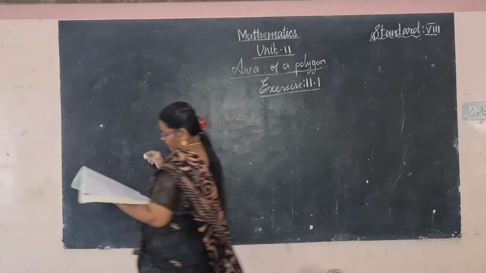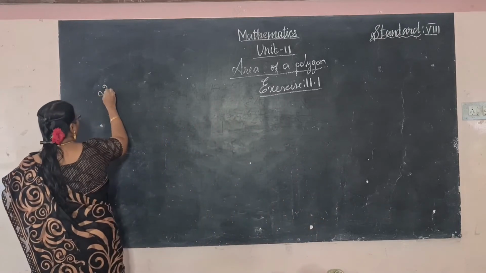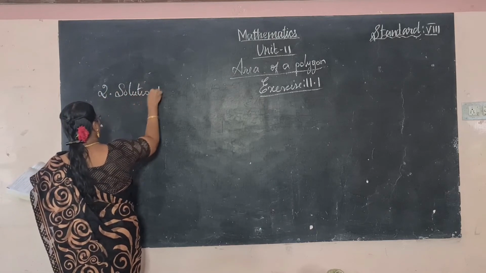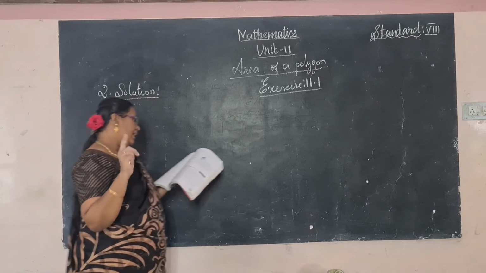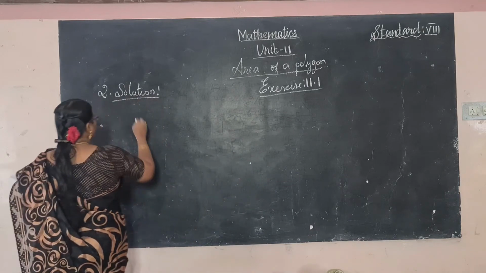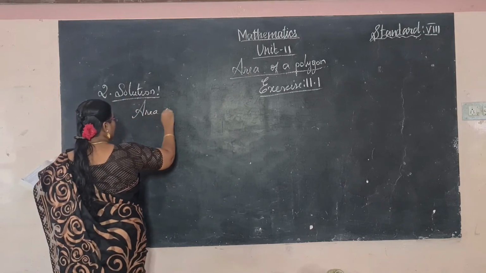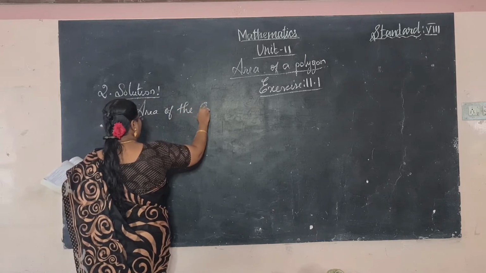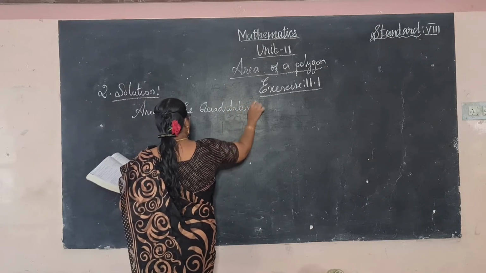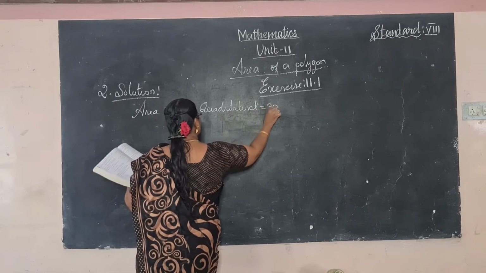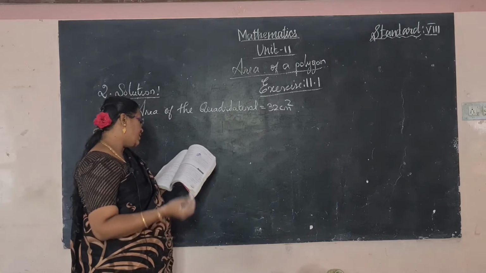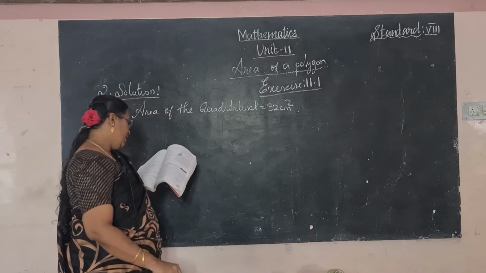So the area of the quadrilateral is given, equal to 32 centimeters square.